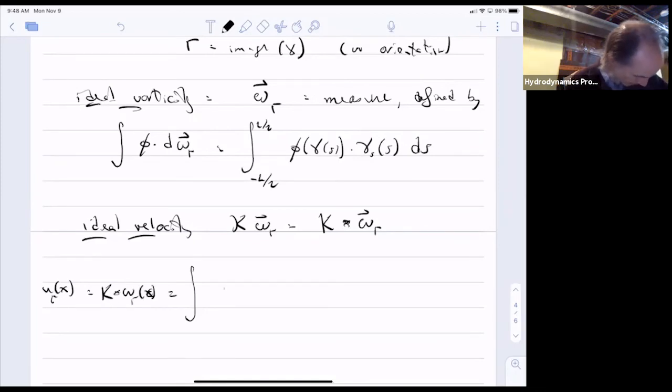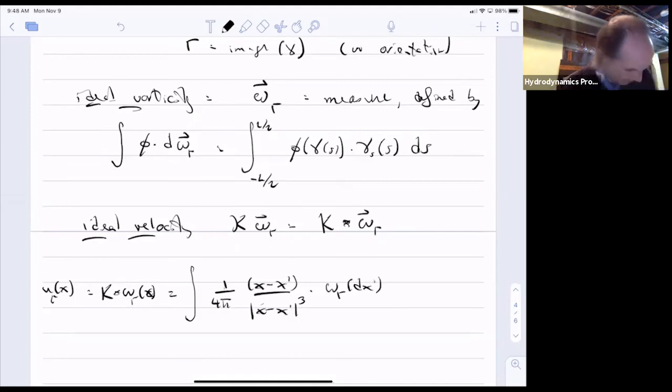I would do this: d omega gamma, and I would integrate with respect to the prime variable.